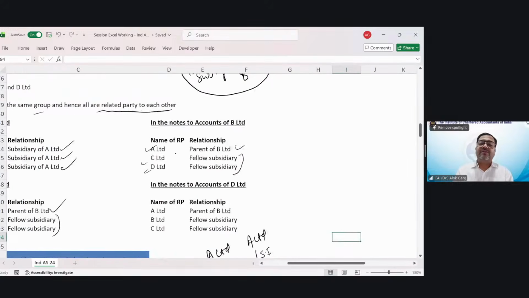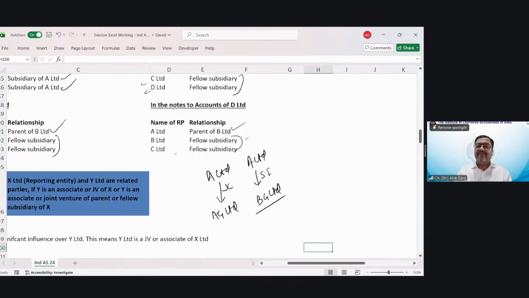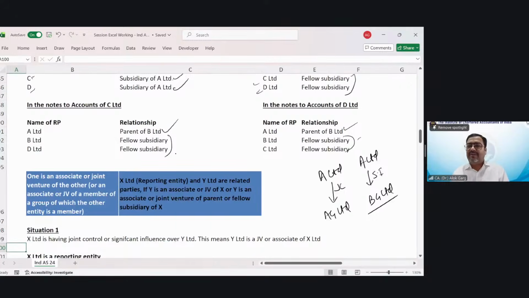In the notes of D Limited, A is a parent and B and C are fellow subsidiaries. Is that clear? Very much clear? Okay.